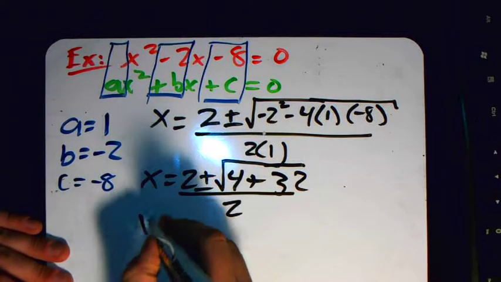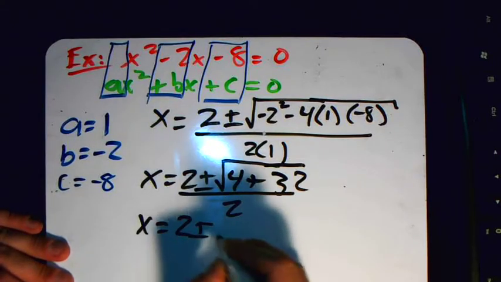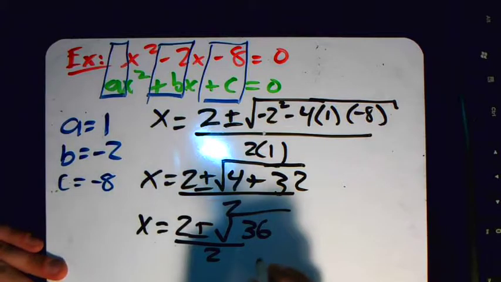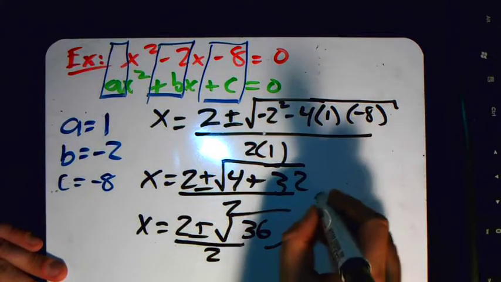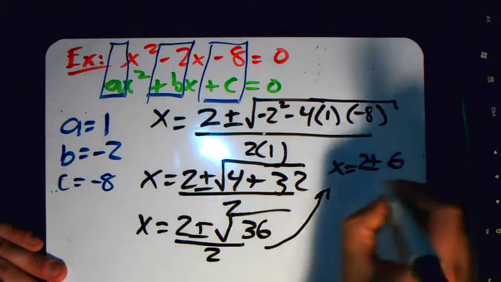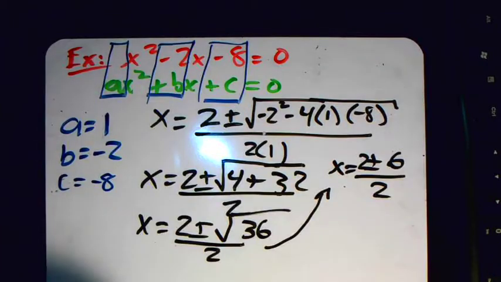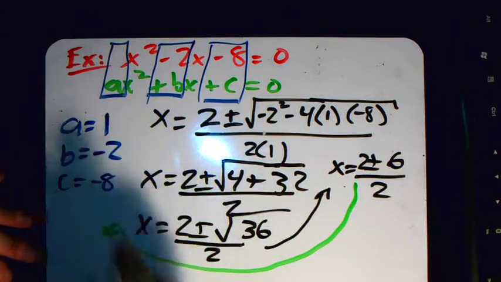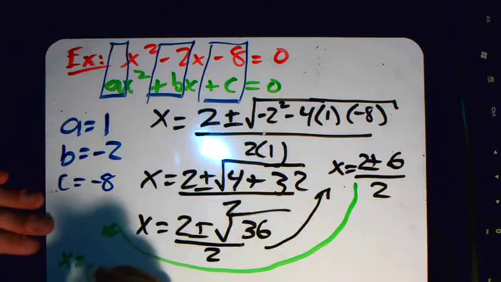Adding these two underneath the radical gives us 36. And the square root of 36 is 6. So we now have two solutions. One of them is using positive.